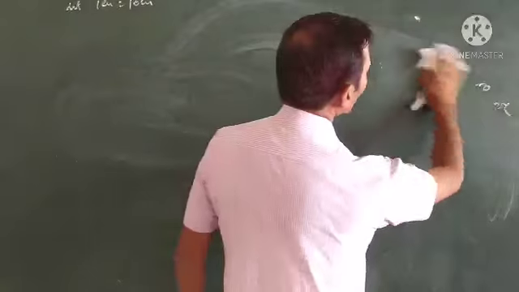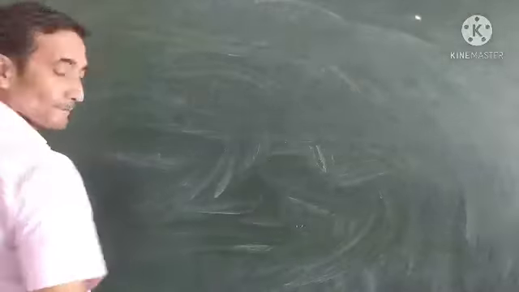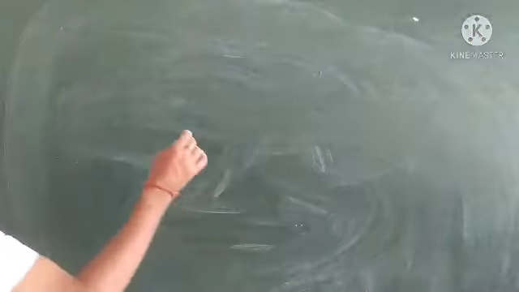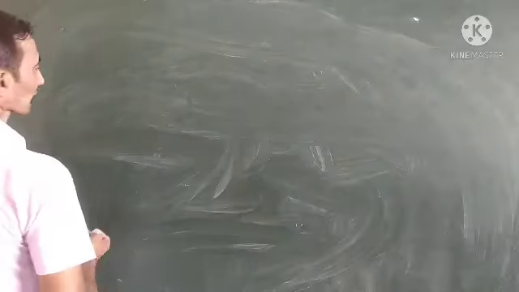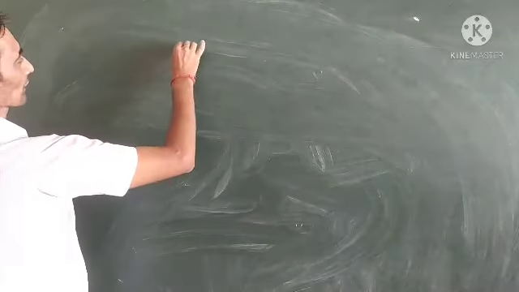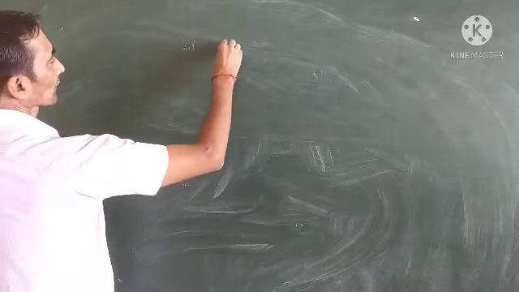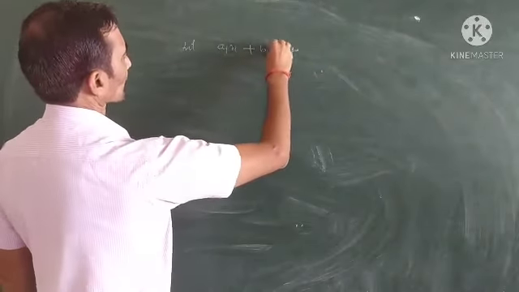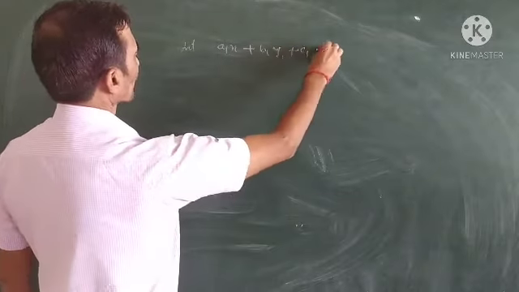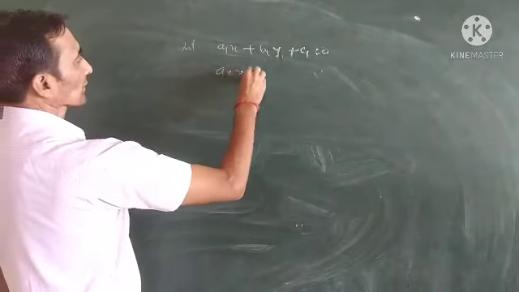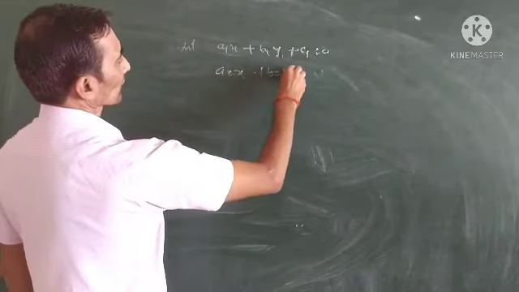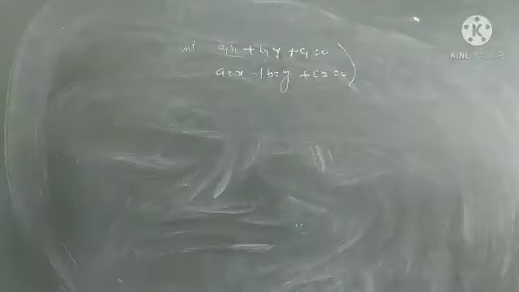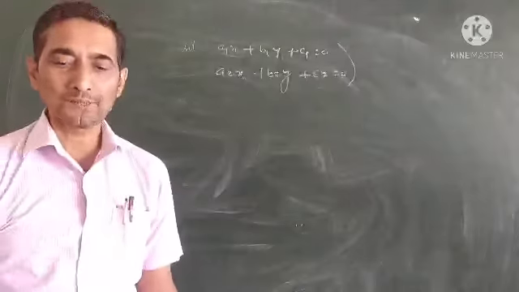Next, for the next exercise, in the previous class we had discussed: let a1x + b1y + c1 = 0 and a2x + b2y + c2 = 0 be any two linear equations of two variables.